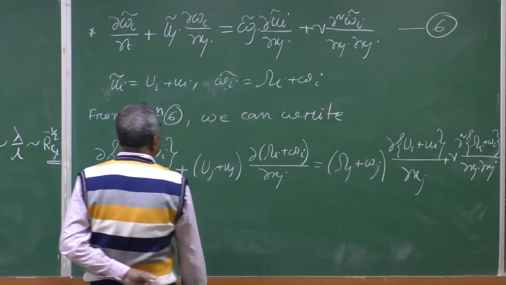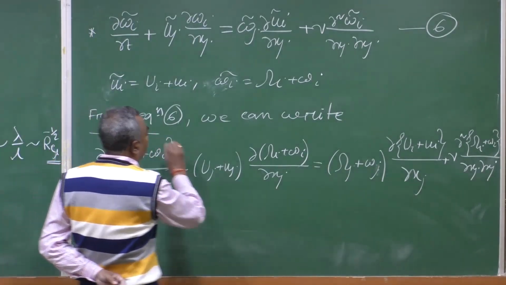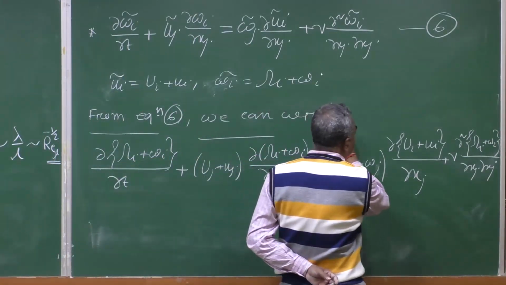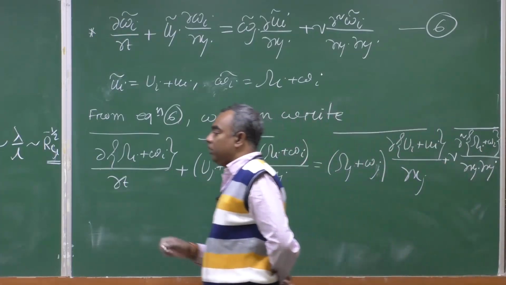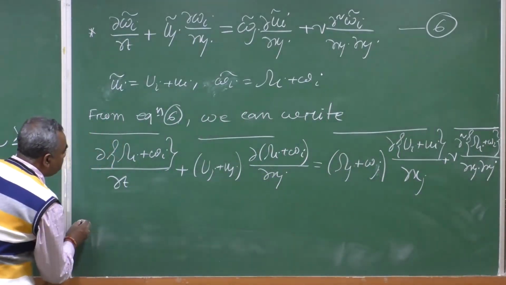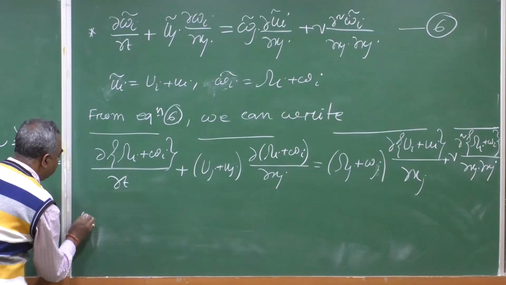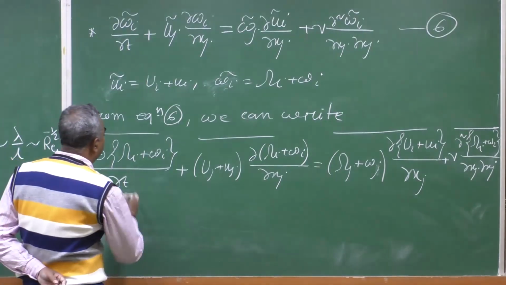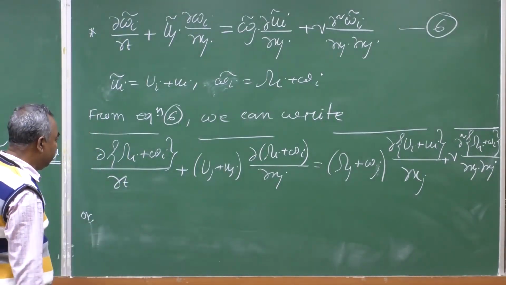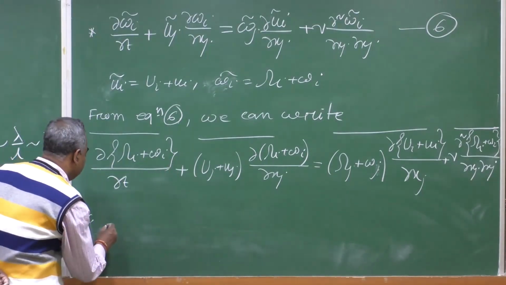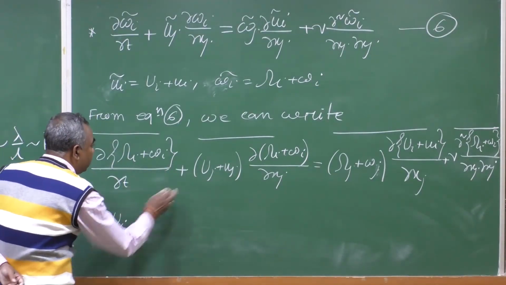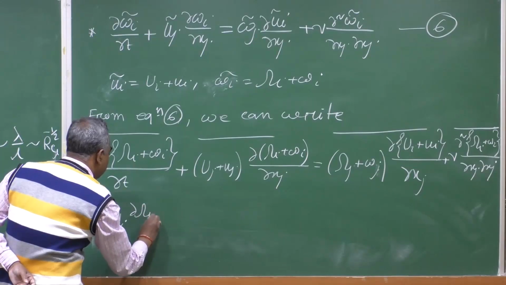Taking the time average of this equation, we can write this. If we simplify this equation, of course, this part is going to be 0. I do not need to explain why it is so; I believe that you understand that.